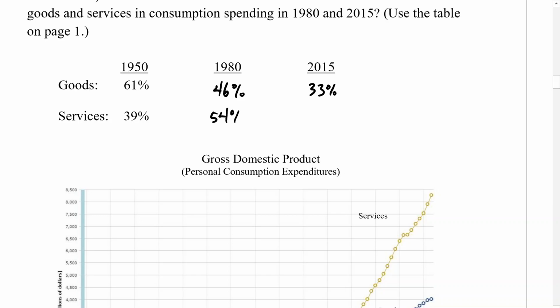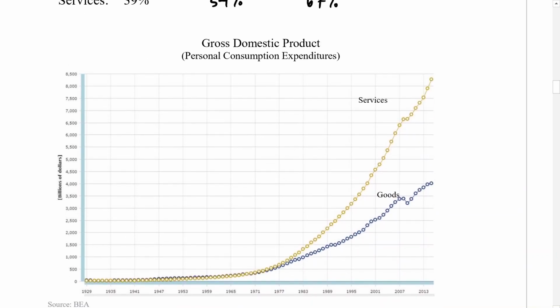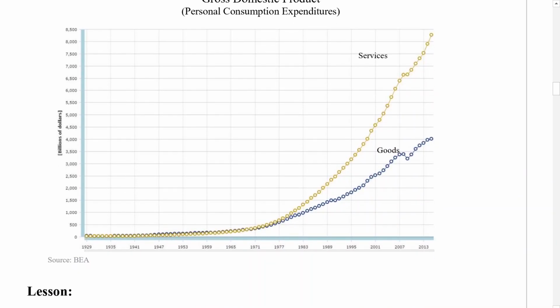And so we have 54% and 67% for services. So we've moved from a point where services made up approximately a third, and now they make up two-thirds. They've kind of switched places in the last half century or so, 75 years.